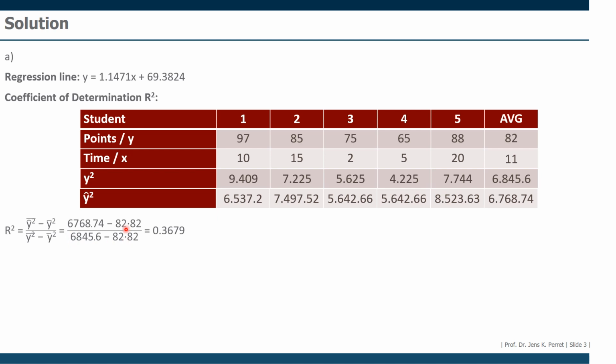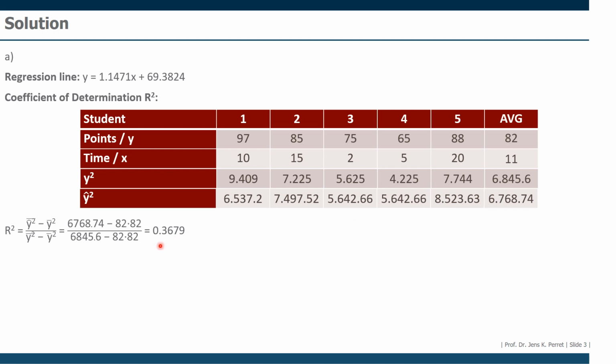So the numerator would be larger than the denominator, and this would result in an r squared of larger than 1. We said r squared is always smaller than 1, so this could not be the case. Thereby, the y hat squared always needs to be smaller than the y squared, or the average thereof. Well, this much for controlling our own results.